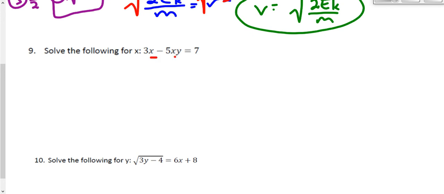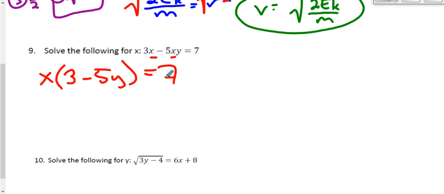The GCF in both of these terms is x. So I'm going to start by factoring x to the front of the equation. I'm going to take 3x and remove the x. 3 will be left. And I'm going to take negative 5xy and remove the x. I'm going to have negative 5y. Now x is in just one place right out front.